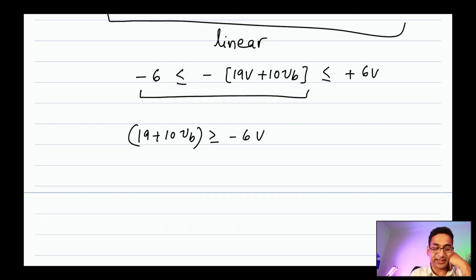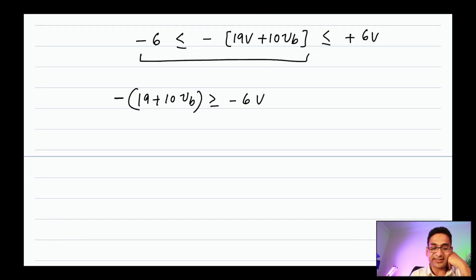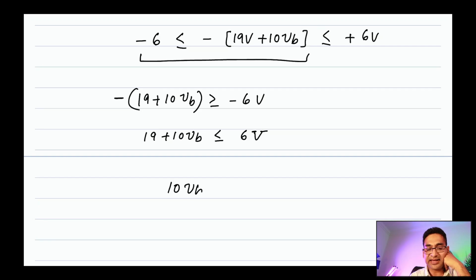Now what I'm going to do is multiply both sides by a negative 1, 10 VB should be less than or equals to 6 volts. You see, now that makes it 10 VB less than or equals to, take this guy to the other side of the equation, you have 6 minus 19, which is 13 volts.